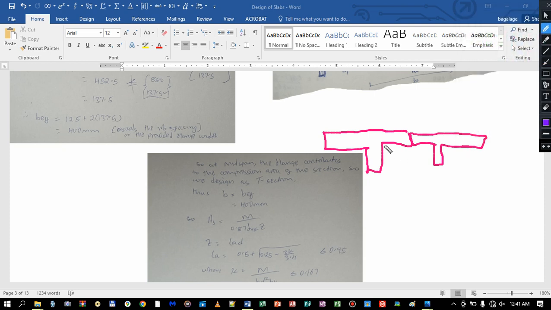Whereby it is in this portion that we do fill our hollow blocks.